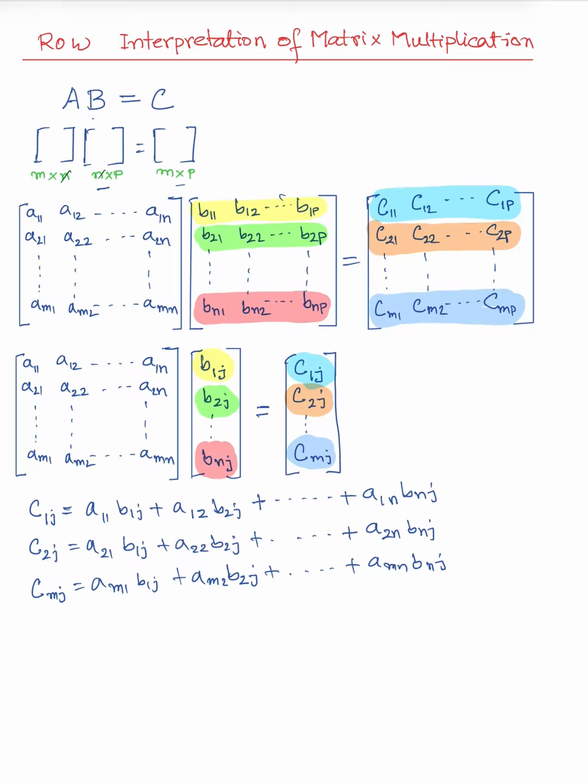So this is how we get each of the rows of our resultant matrix by basically the combinations of the rows of matrix B.